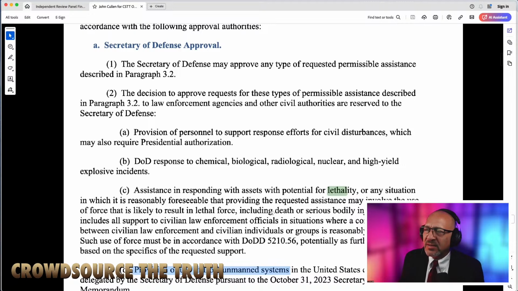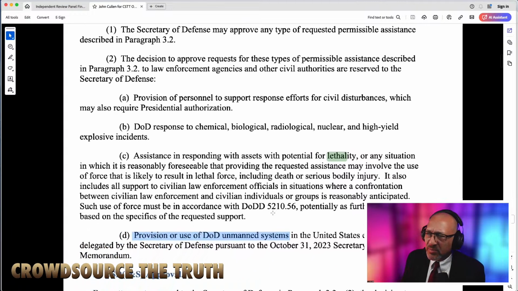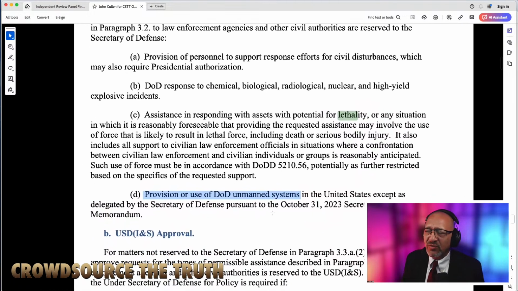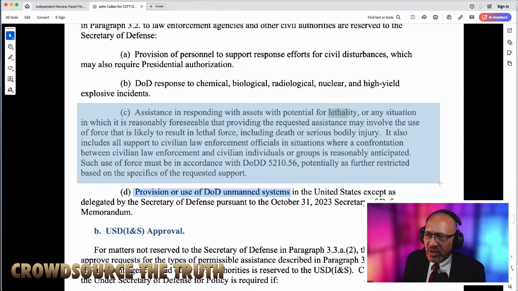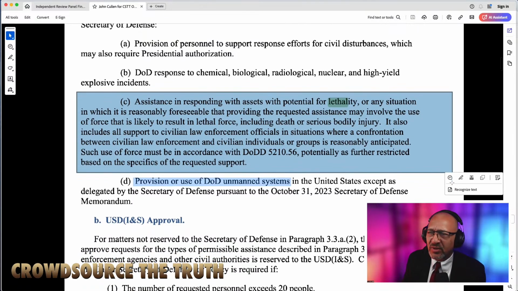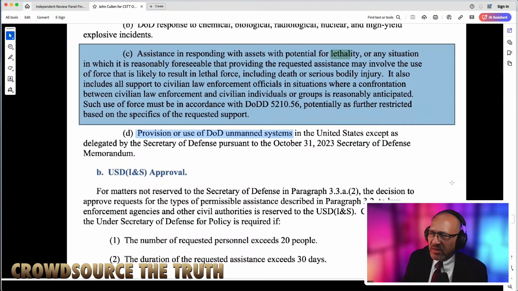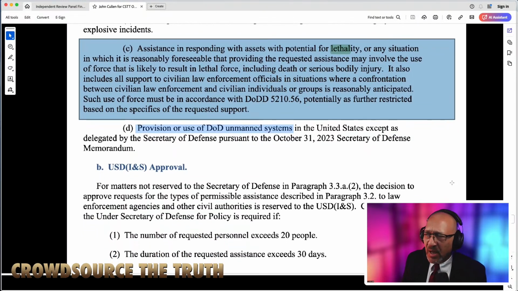And if we go down to Secretary of Defense approval, most people have been focusing on that section 2C, assistance in responding with assets with potential for lethality, or any situation in which it's reasonably foreseeable that providing the requested assistance may involve the use of force that is likely to result in lethal force, including death or serious bodily injury.